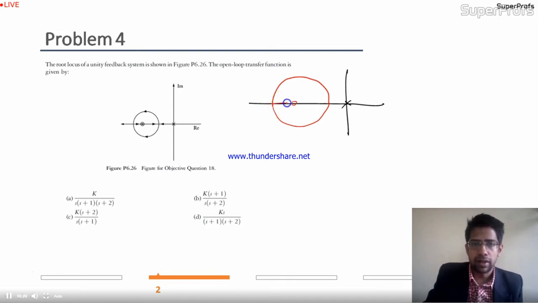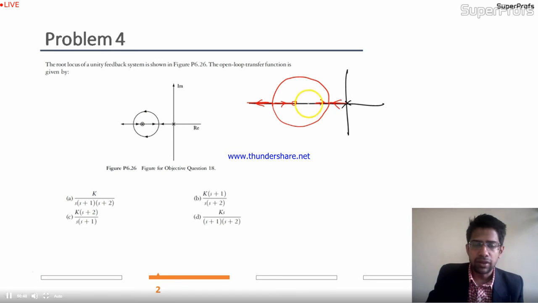Then there is an arrow traveling towards this zero. There is an arrow going away towards infinity, this point. You also have the root loci part on the left hand side of this pole, which is at the origin. So this is again a part of root loci, and you see a part of root loci even on this side, which is coming towards this point.